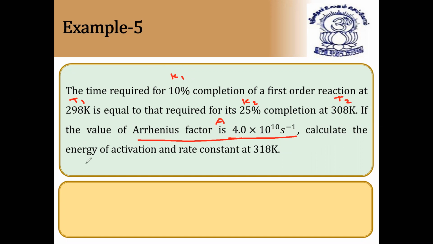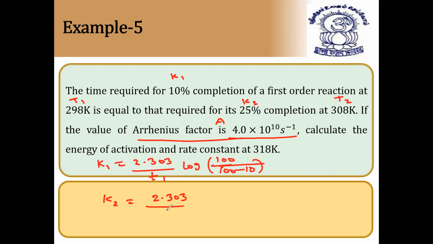So in the first case, applying the first order kinetics rate equation, K1 is equal to 2.303 by t, time taken, into log of 100 by 100 minus 10, that is A by A minus X, as 10% is completed. Similarly, K2 is equal to 2.303 by t, that is time, into log of 100 by 100 minus 25.